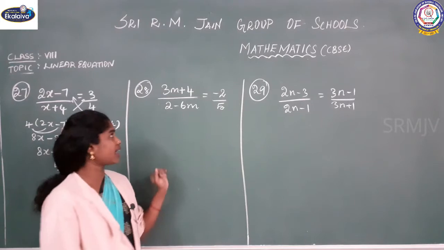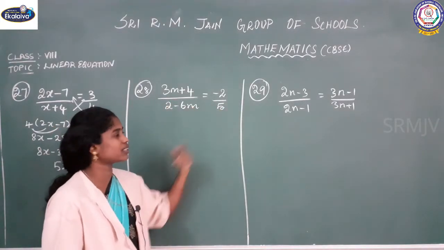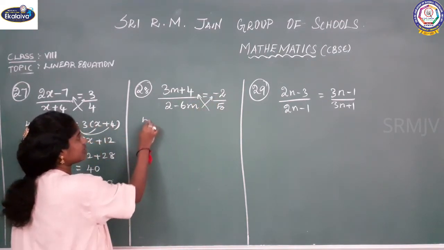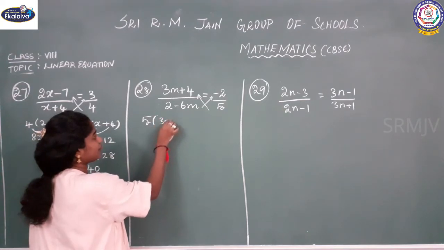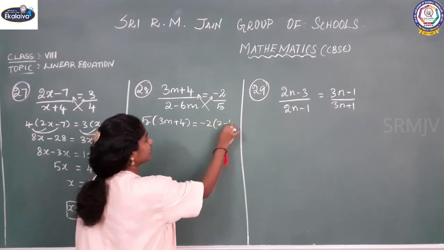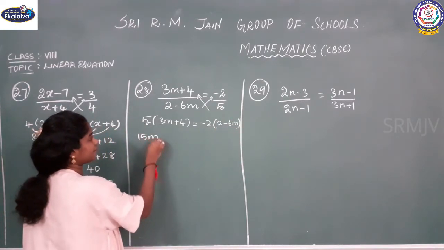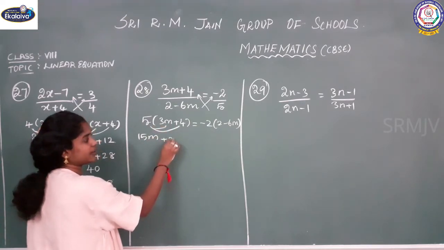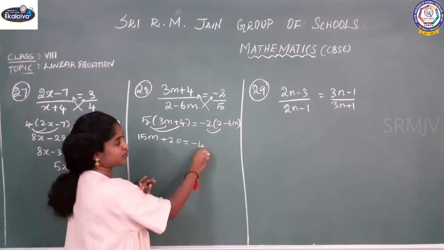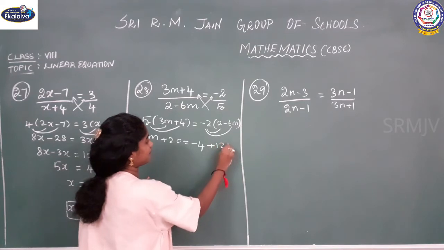Now let us see the 28th sum. 3m plus 4 by 2 minus 6m is equal to minus 2 by 5. Same like that, when I cross multiply, I will get 5 into 3m plus 4 is equal to minus 2 into 2 minus 6m. 5 3s are 15m, 5 4s are 20 is equal to minus 2 into 2 is minus 4, minus 2 into minus 6m is plus 12m.